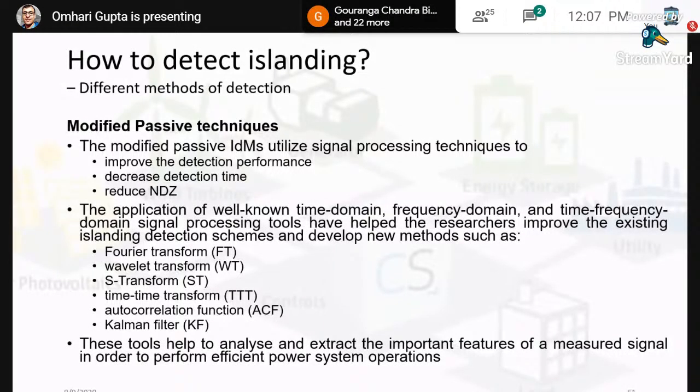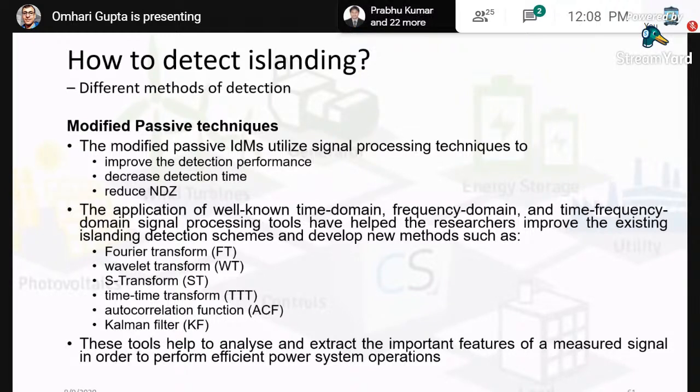These modified techniques give you several additional features. Those features can be in terms of frequency, spectrum, different spectrum, and several other parameters, say high frequency impedance, and like that.